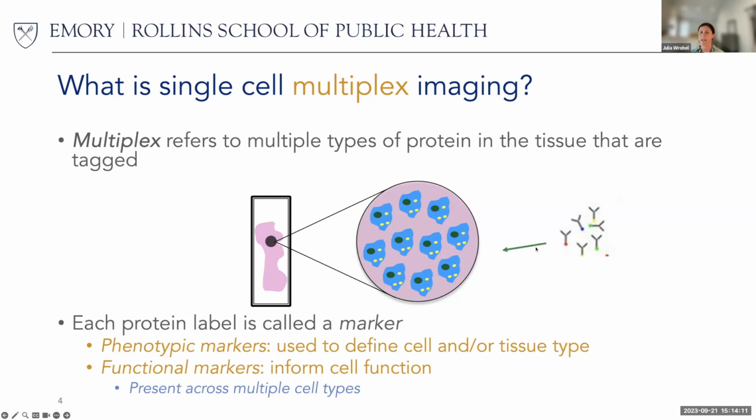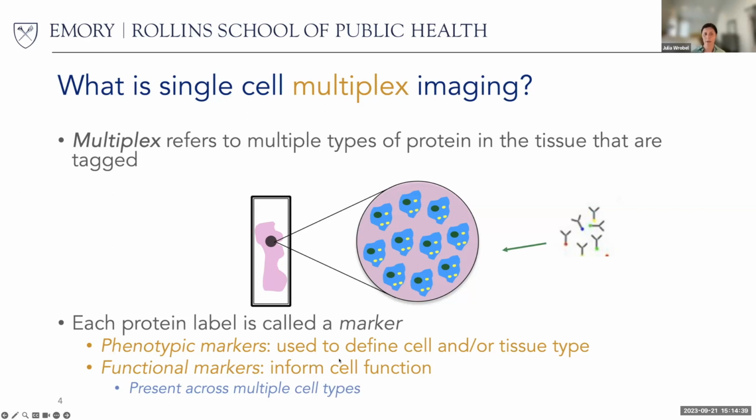The antibodies specifically attach to a certain type of protein. Each type of antibody has a different label on the outside that will then fluoresce in a different color when it's imaged. So red might be one type of protein, blue might be another type of protein. Multiplex refers to the fact that we have multiple types of proteins being attached to the outside of this tissue. Each protein label is then typically called a marker, and you have different types of markers.